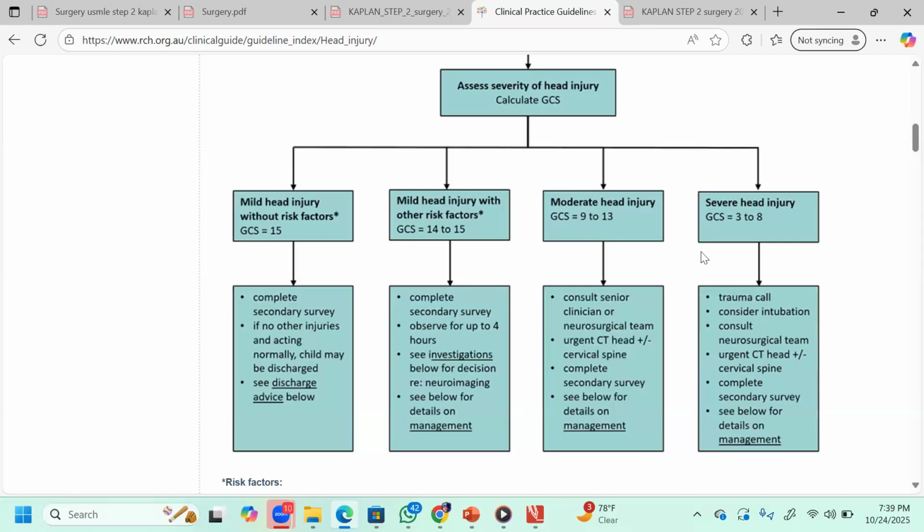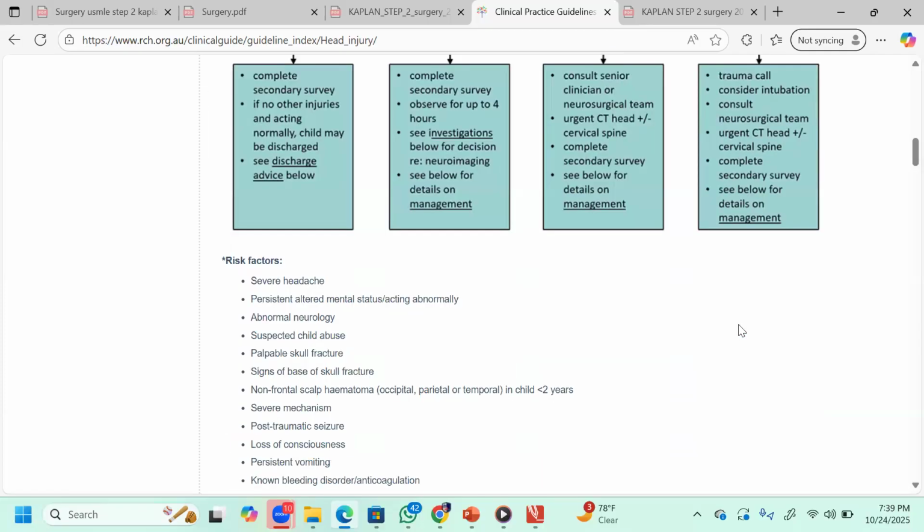So for GCS 9 to 13, you have to consult with the senior clinician and neurosurgical team, do an urgent CT scan, along with a secondary survey. And for 3 to 8, you have to intubate the patient. The additional point is to call the trauma center and intubate the patient.